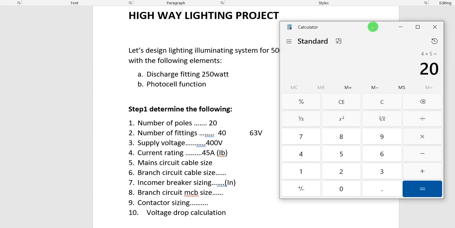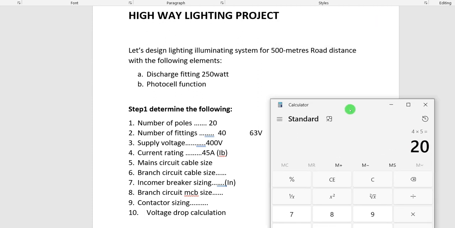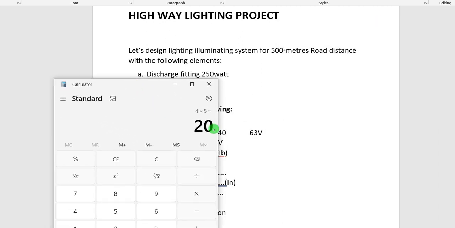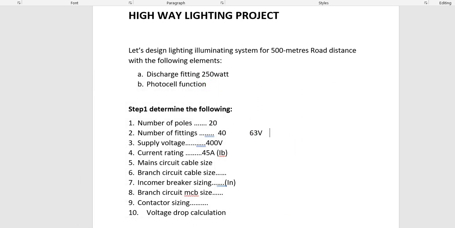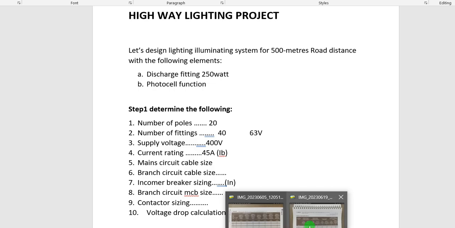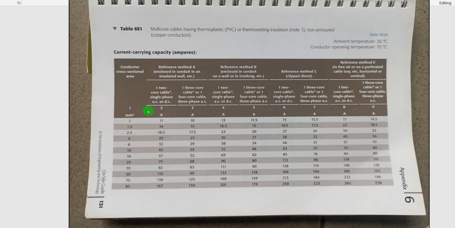We are given 20 volts as a permissible voltage drop. So 20 is what we are given to work with. You shouldn't go above 20 volts voltage drop. But our voltage drop is 63. So that means 16 mm square cannot go. So go back to your table, choose another one.